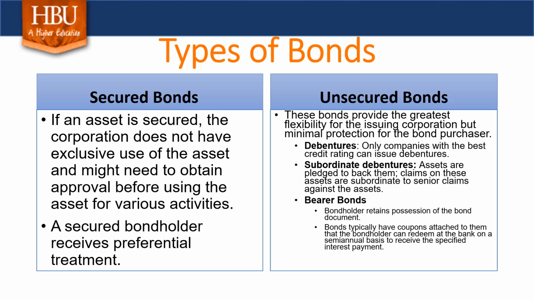These bonds provide the greatest flexibility for the issuing corporation, but there's minimal protection for the bond purchaser. Therefore, only those companies with the best credit rating can issue some of these unsecured bonds, which makes sense. There are debentures, subordinate debentures, and also bearer bonds.